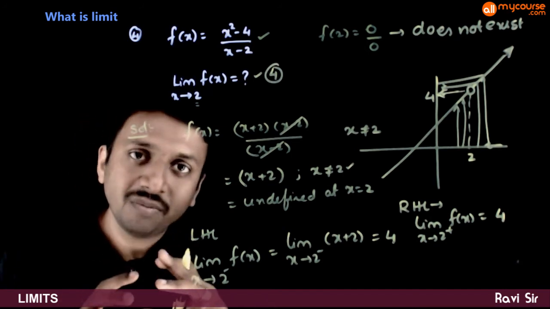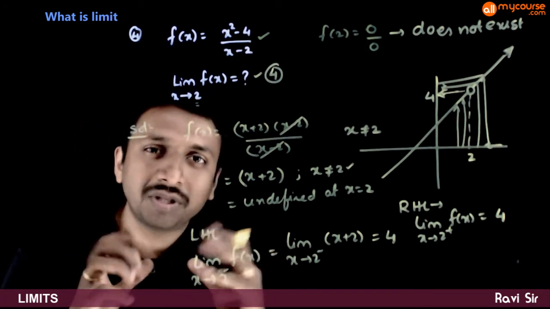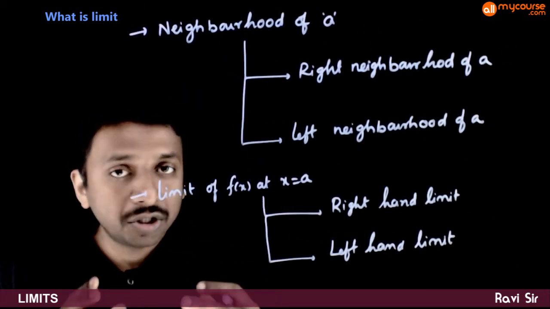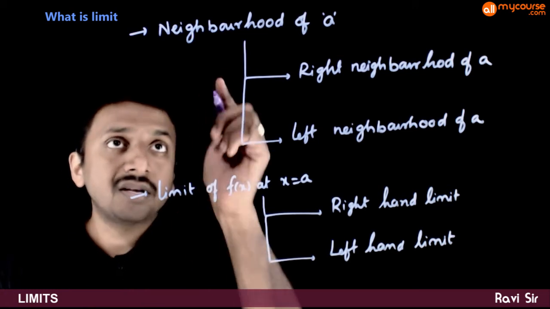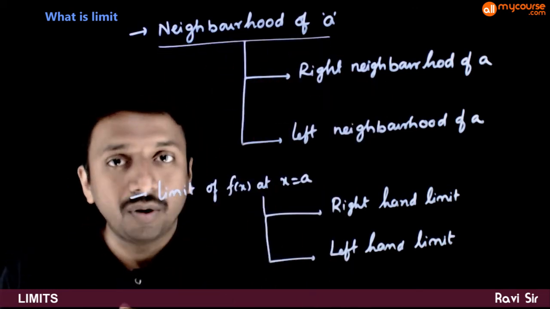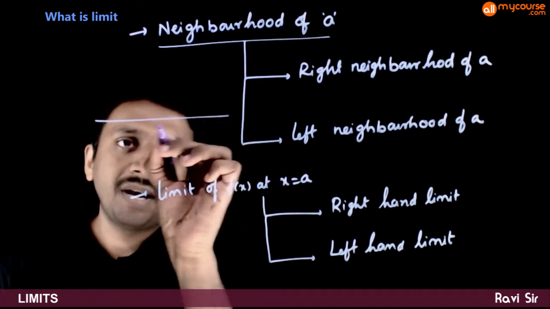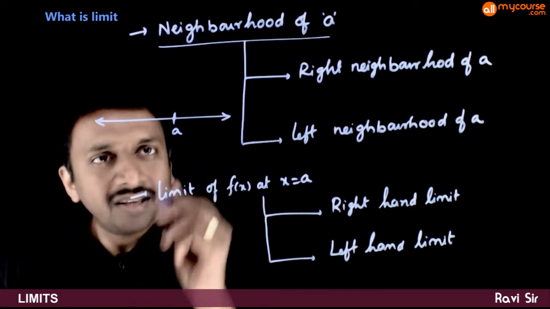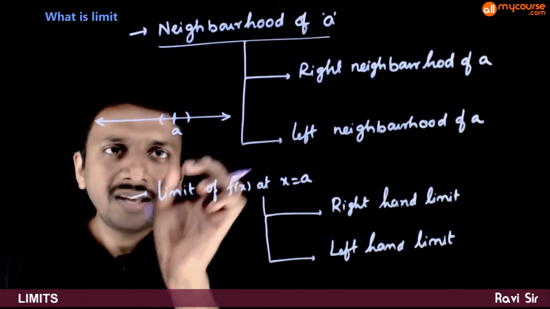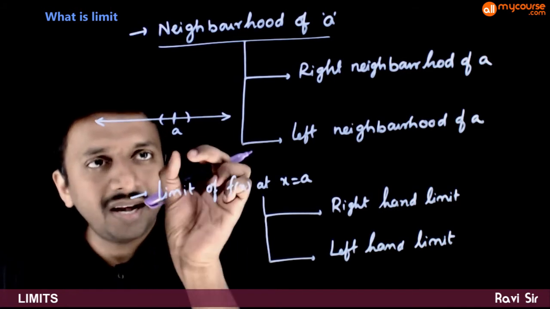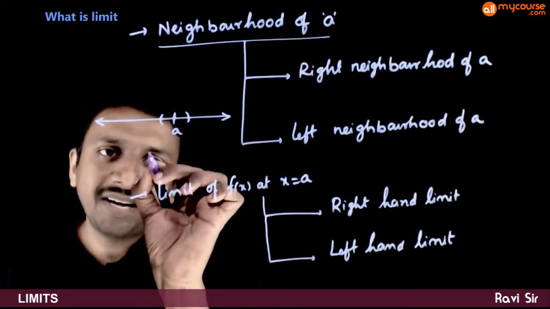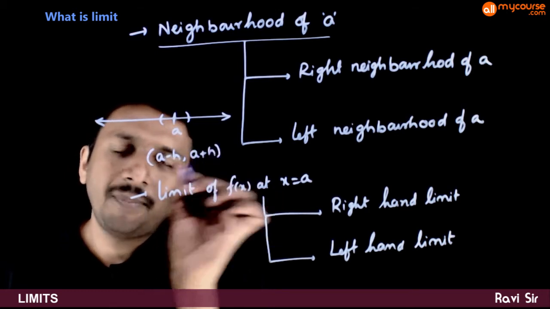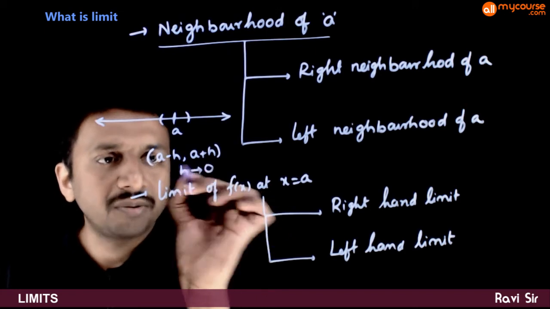So let us try to summarize the little portion that we have covered till now. The things that we have understood in this short introduction of limits is, first, the meaning of neighborhood of A. If you take a number line and you have a number A, a short interval surrounding A is called the neighborhood of A. I can write it as an open interval A minus h to A plus h, where h tends to 0.